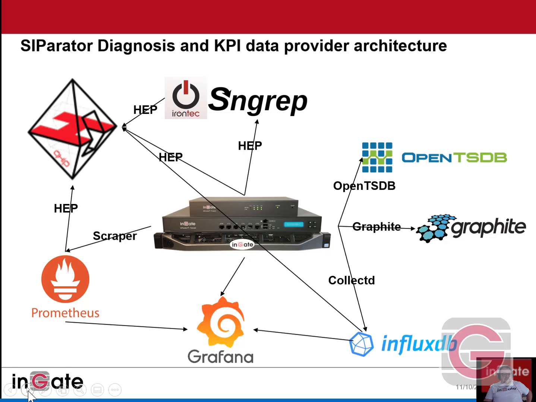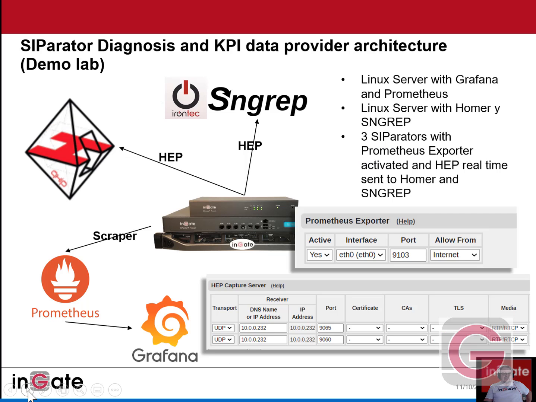So here is what we have in the lab for demonstration today. We have an SBC, which is actually a lab proof of concept that we have with one of the vendors in the market, and we're going to be sending HEP information to an SNGREP application as well as a Homer application.